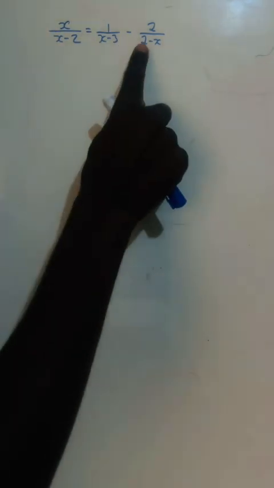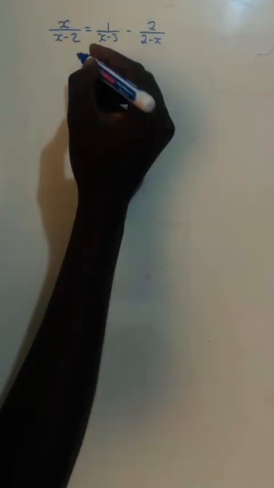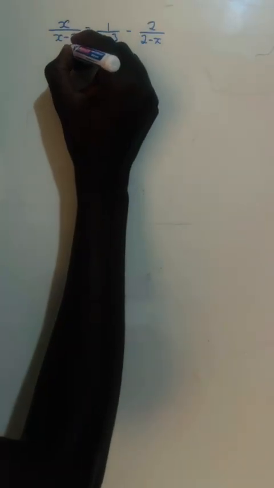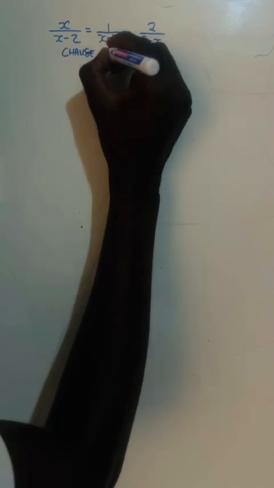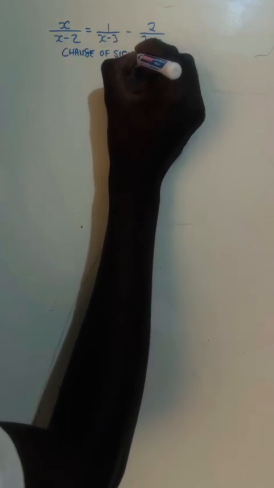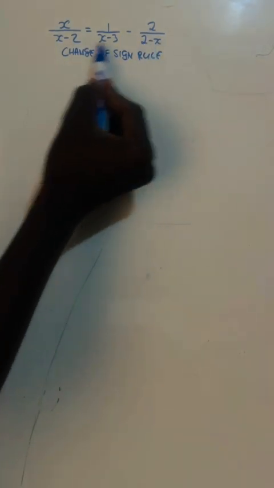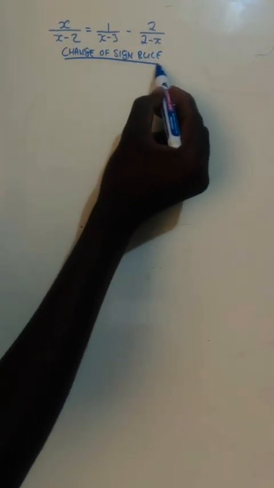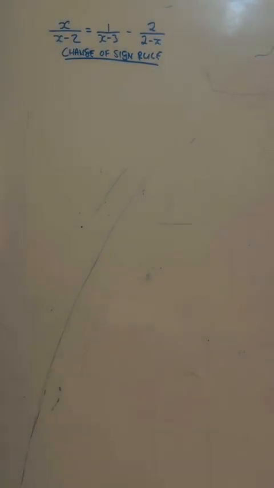In order for this 2 minus x to end up looking like that, we need to use what we learned in grade 10, which is called the change of sign rule. Once we have applied the change of sign rule, then we'll be able to continue with solving our equation.